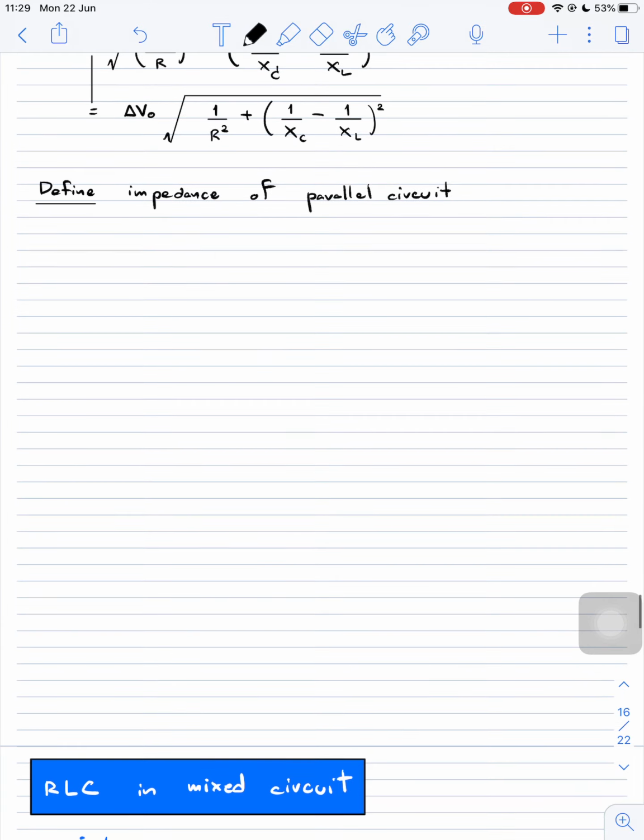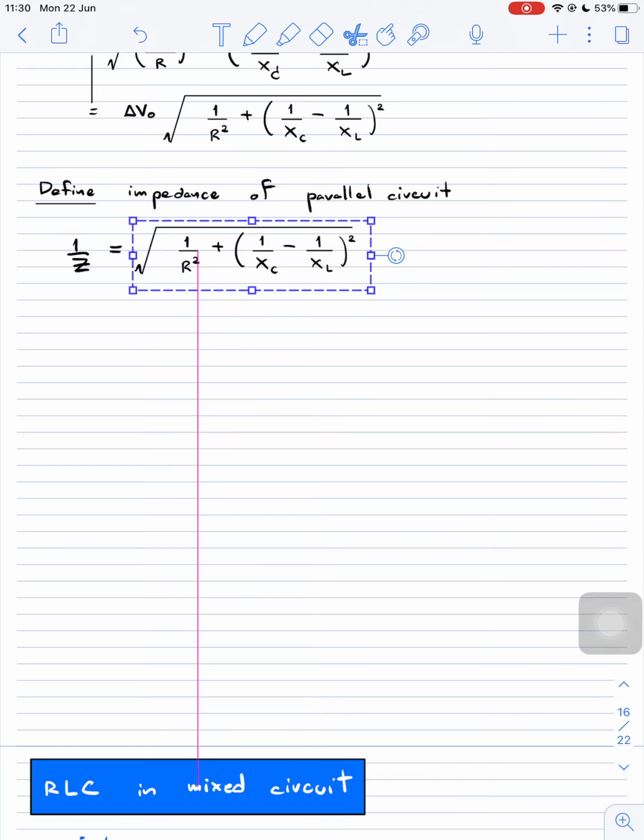Let's define 1 over Z as equal to this guy, because the dimension of this one is just 1 over the resistance. So that's why we have the 1 over Z here. So the Z here just means the impedance of the parallel circuit.